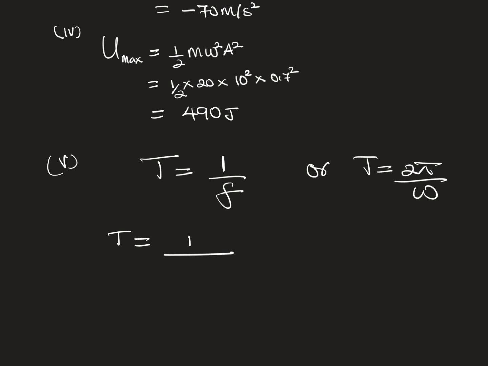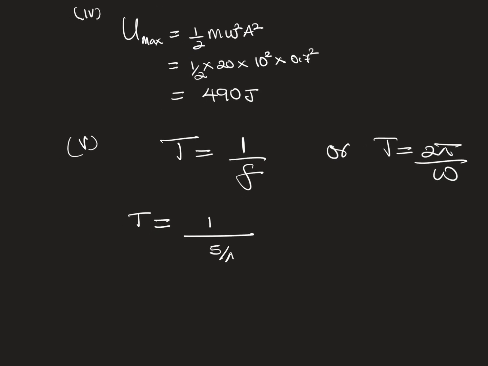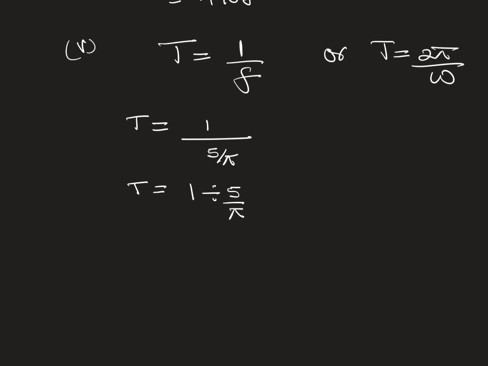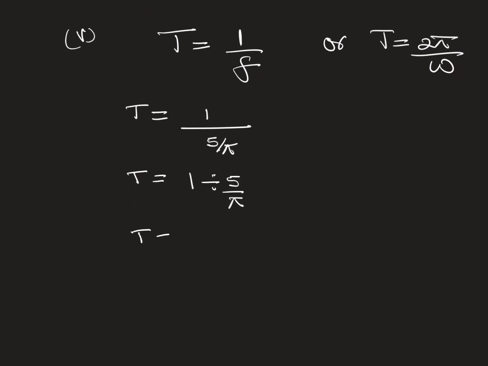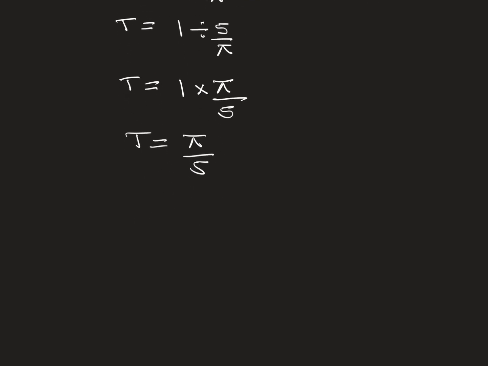The frequency is 5 over pi, so that is 1 divided by 5 over pi. To change it from division to multiplication, I invert, so that will be 1 multiplied by pi over 5. Therefore the period is pi over 5.